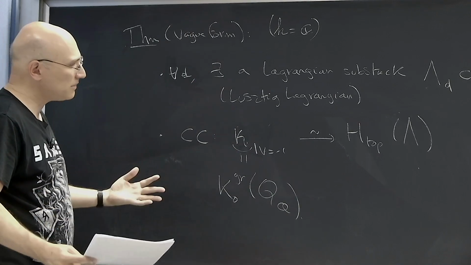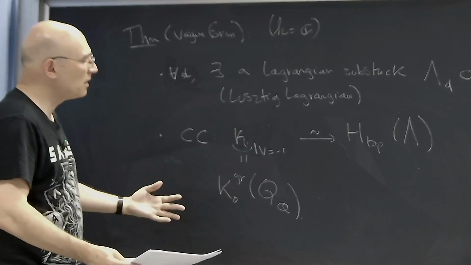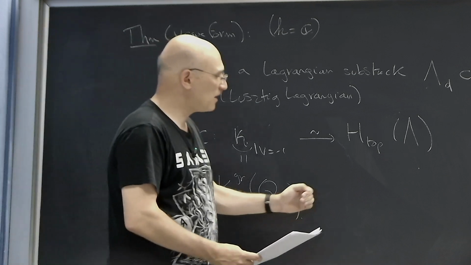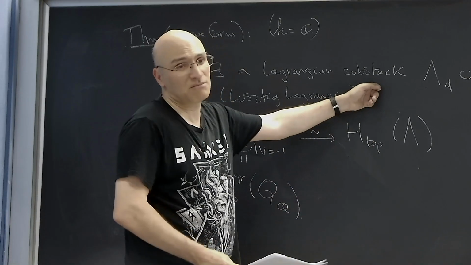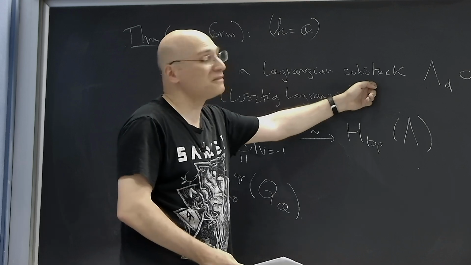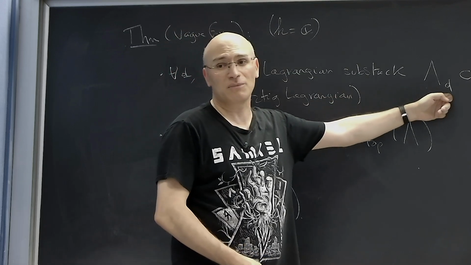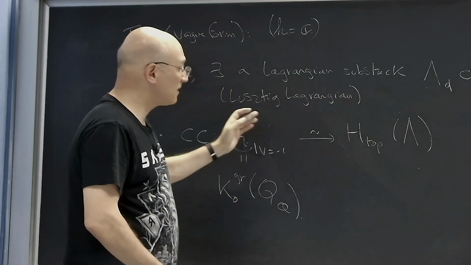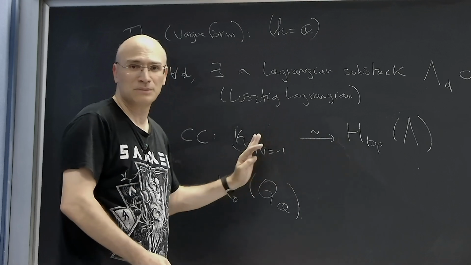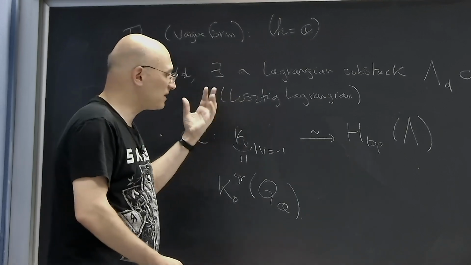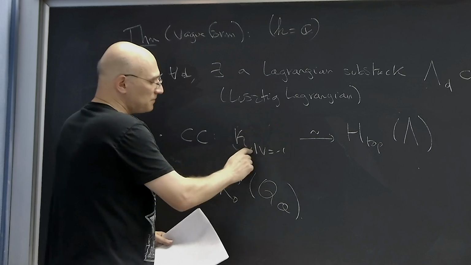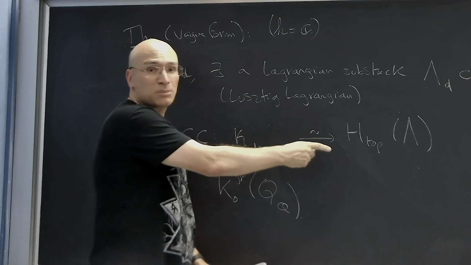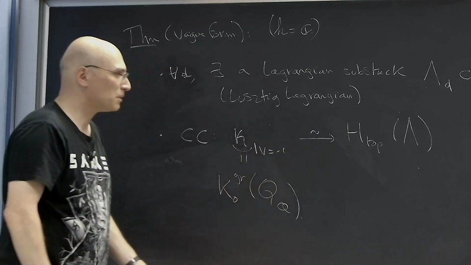And what you get is exactly the set of Lagrangian cycles supported on this independently defined Lusztig Lagrangian subvariety. And this is actually an isomorphism. So you can detect these various simple perverse sheaves by their singular support.